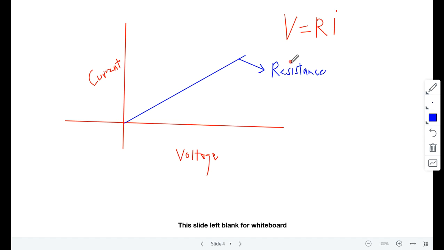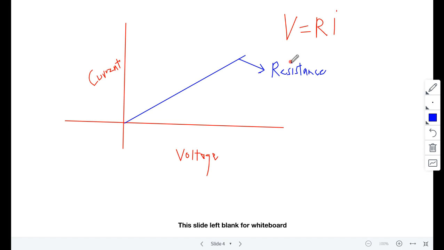So current and voltage are directly proportional to each other, while resistance and current are inversely proportional. So these two are directly proportional.